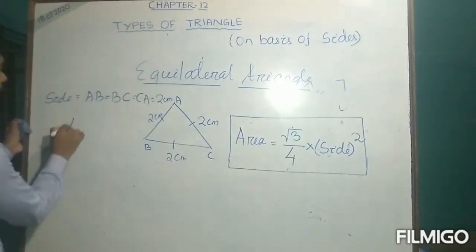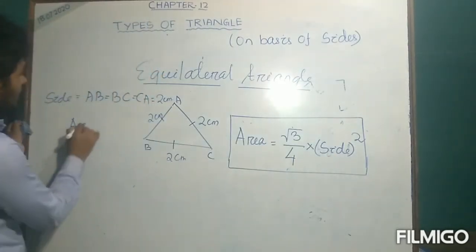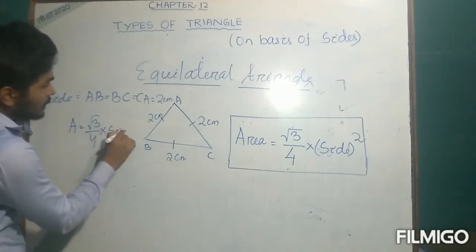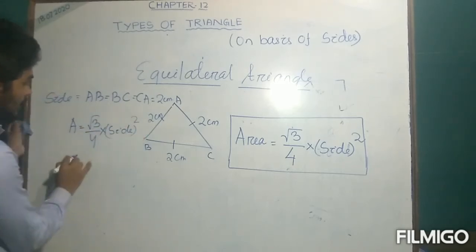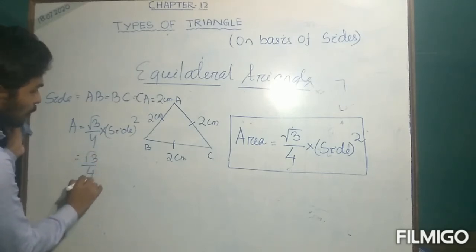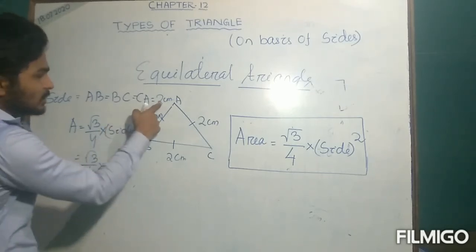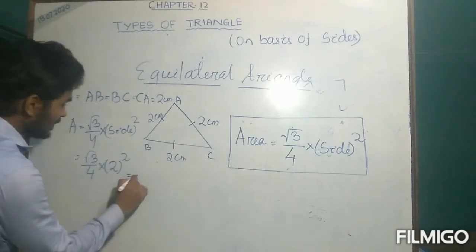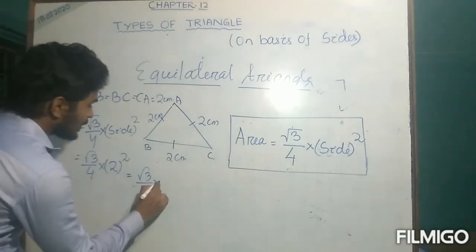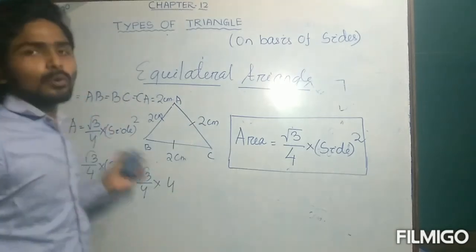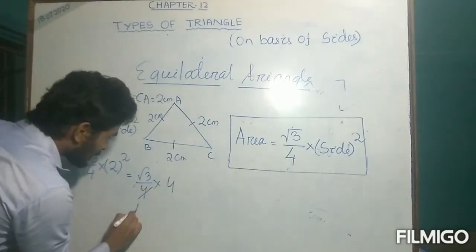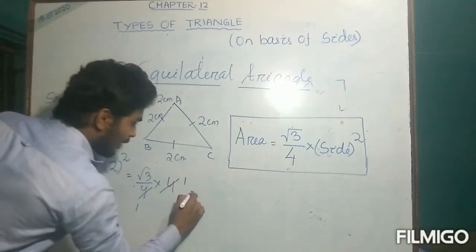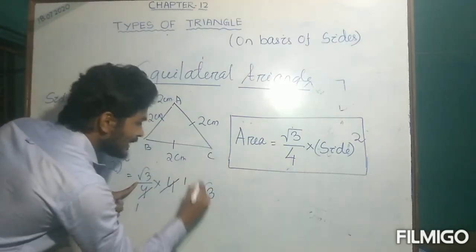So A is equal to root 3 by 4 into side square, that is root 3 by 4 into, here side is 2 cm, so 2 square, that is root 3 by 4 into 4. Now cancel, 4 ones are 4, this is the denominator part, this is the numerator part. So final result is root 3.